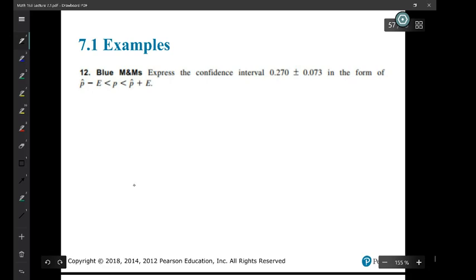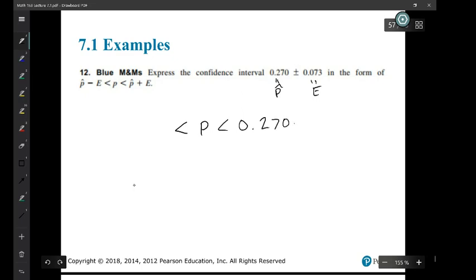So that's the estimated sample proportion, and that's the error.